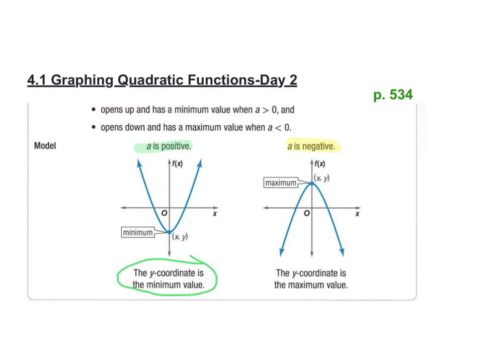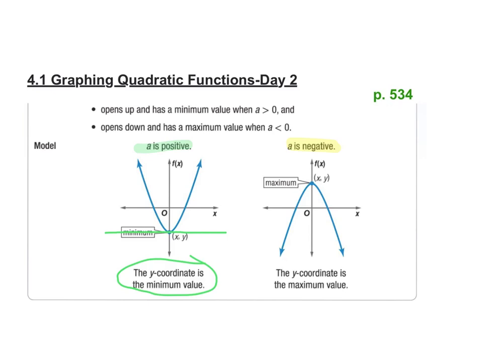And then you pick the y-coordinate off, and that also serves as your minimum value, because if you notice here, there are no values smaller than that vertex. Okay? Everything from that y on up is going to be part of the graph, and we're going to talk about domain and range here in a minute.